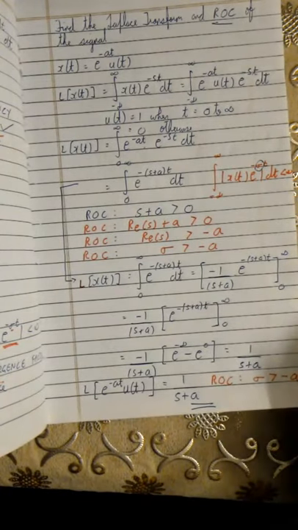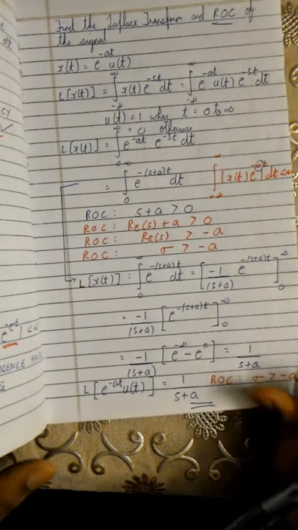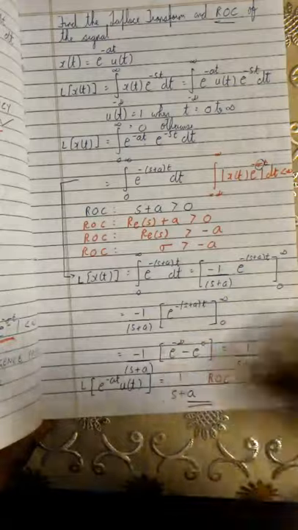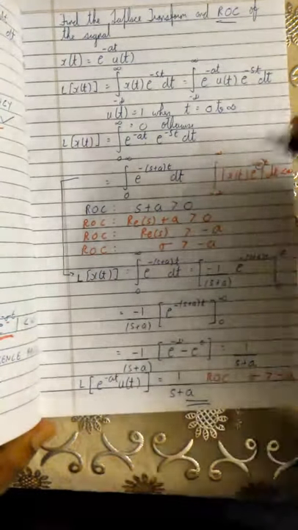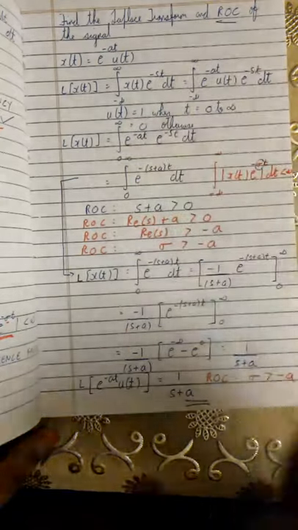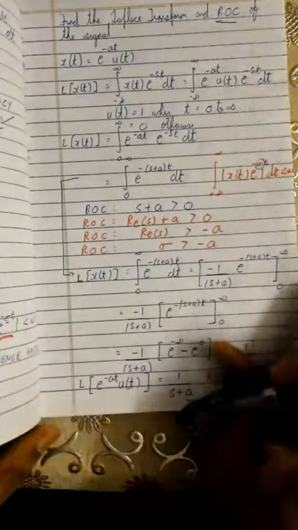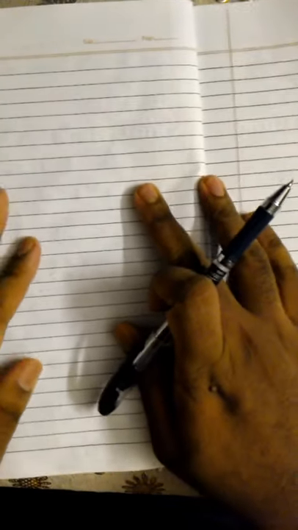Now I want to draw my region of convergence. I want to visually see my region of convergence. That also you should draw. When they ask for the ROC, you should also draw and show the ROC. To draw the ROC, first we draw the S-plane. So what is an S-plane?